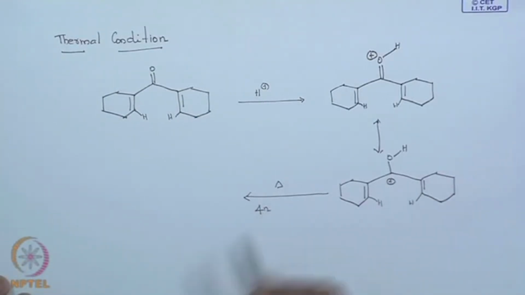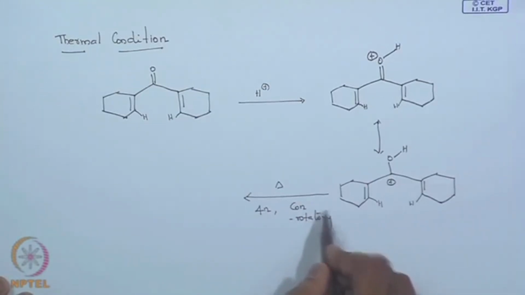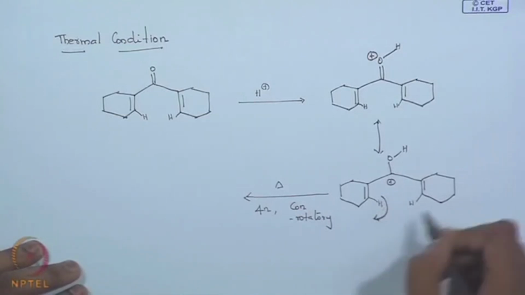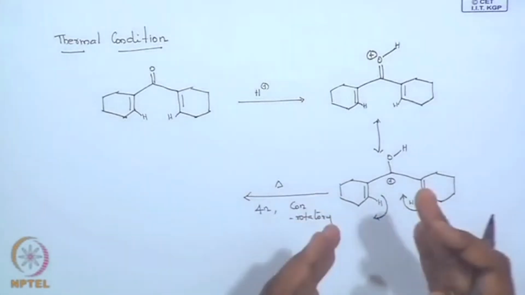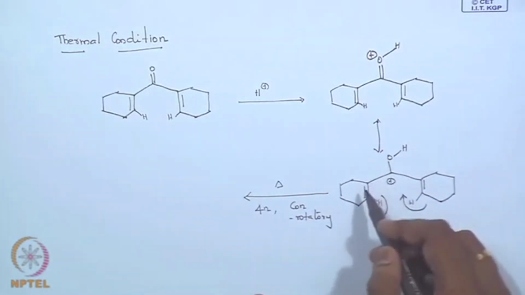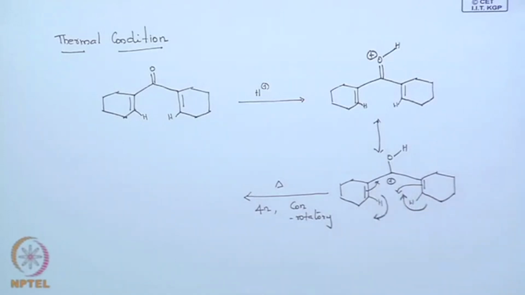What you studied in a 4n system with heating is conrotatory. So in conrotatory, both should rotate in the same direction, both clockwise. So, one of your hydrogens will be out and one should be in, clear. You push your arrow here, so this happens inside, but this is the more important part.